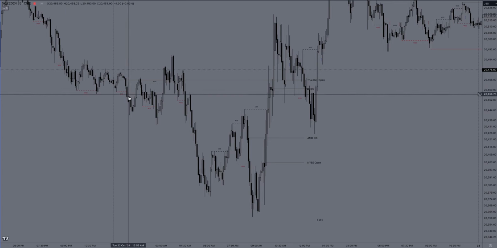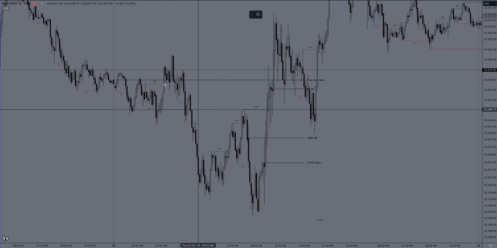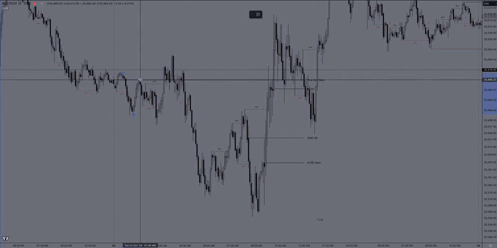When we get a breaker structure, as market structure goes, we expect a pullback. Then we expect another breaker structure, then a pullback. In this case, we did have low resistance liquidity here. I believe that's what it's called.